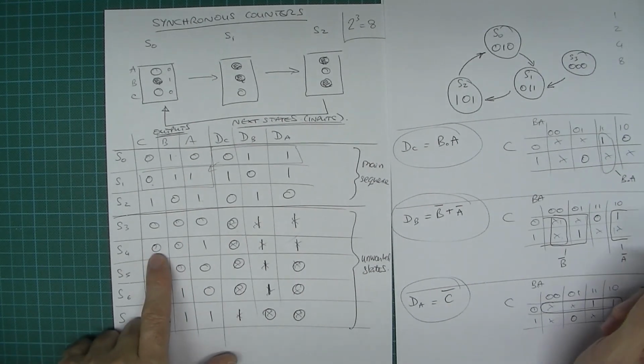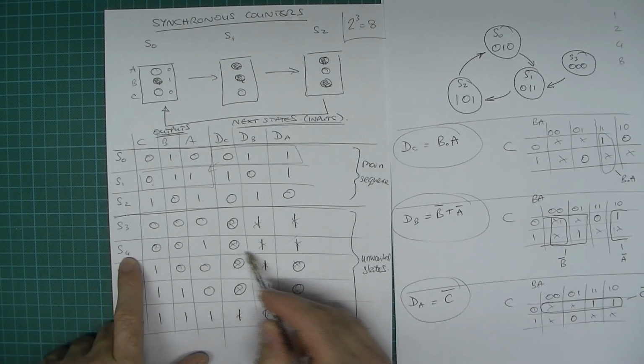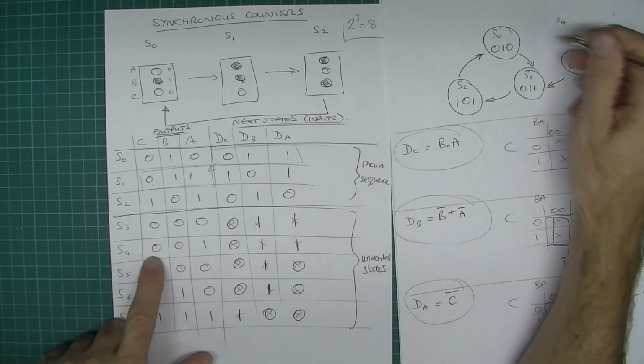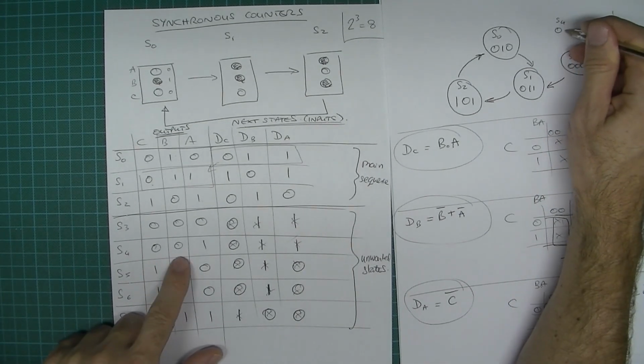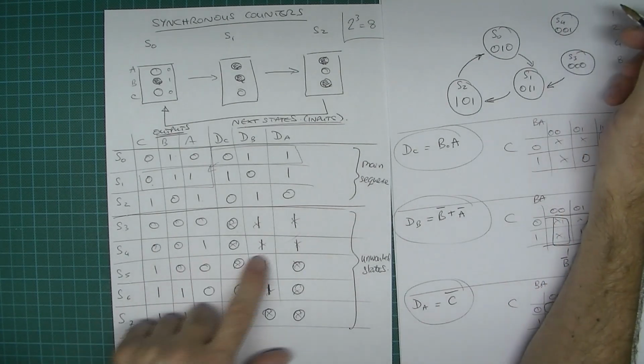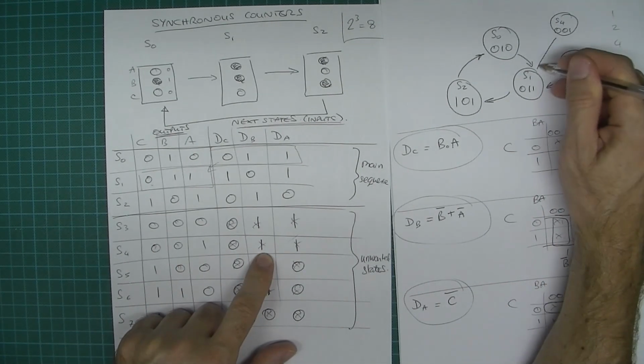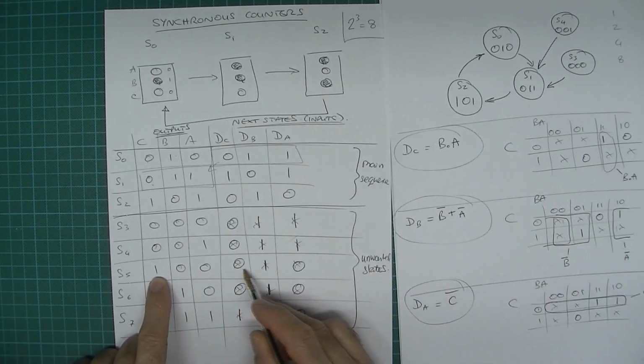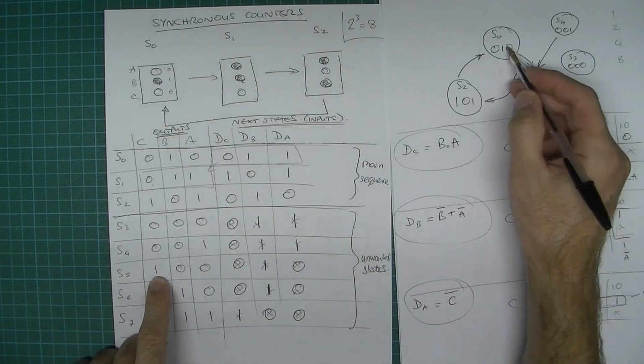Okay. And in fact, state 4 will go to 0, 1, 1 as well. So if we're in 0, 0, 1, it will go to 0, 1, 1. And if we're in 1, 0, 0, it will go to 0, 1, 0. Do we have that? 0, 1, 0.